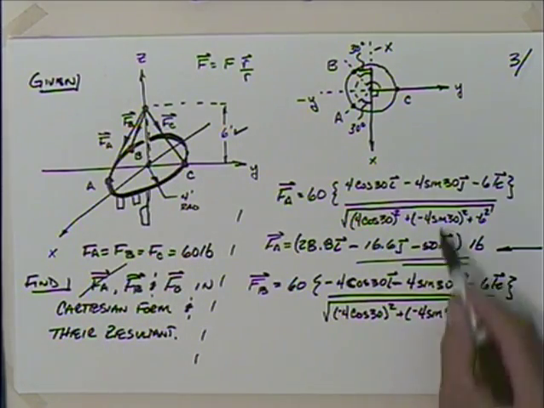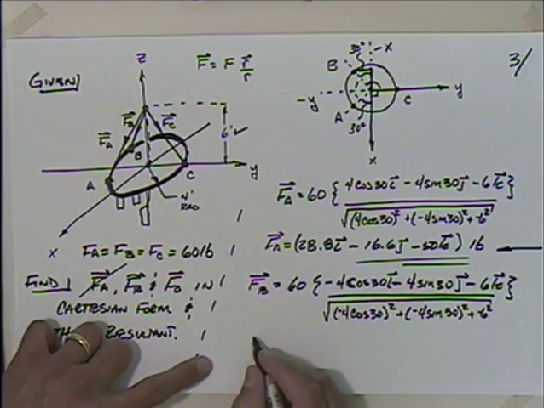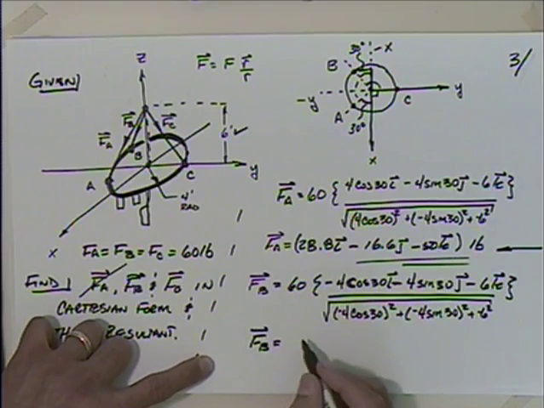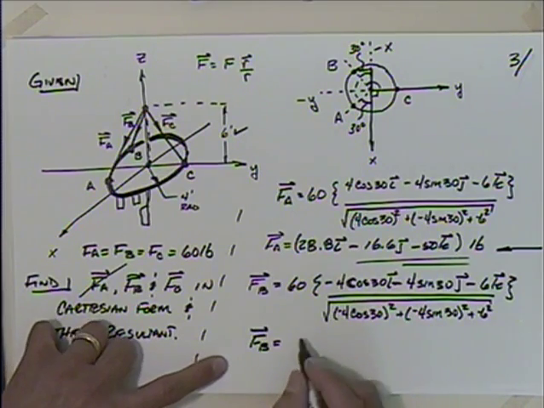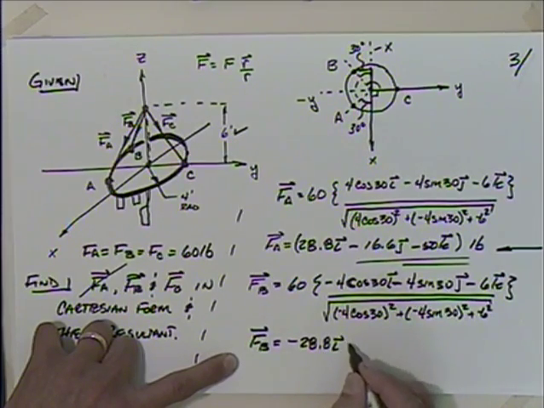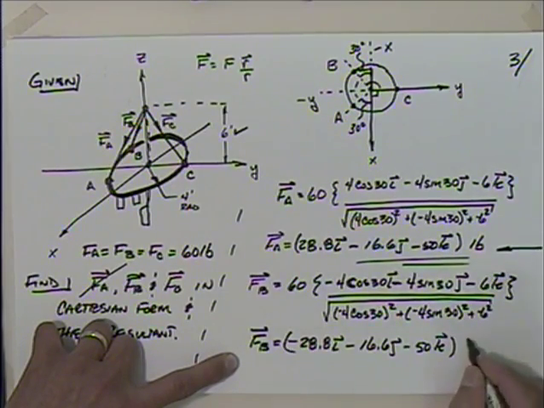Those denominators should come out as the same number. Well, when you run the math on this, it turns out to be equal to minus 28.8 in the I direction, minus 16.6 in the J direction, minus 50 in the K direction. And that would be pounds.